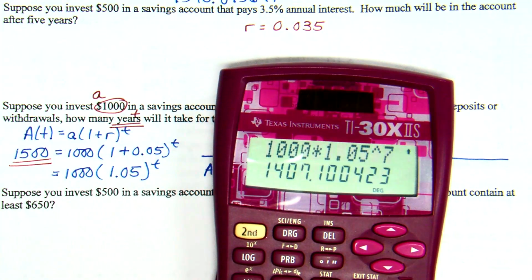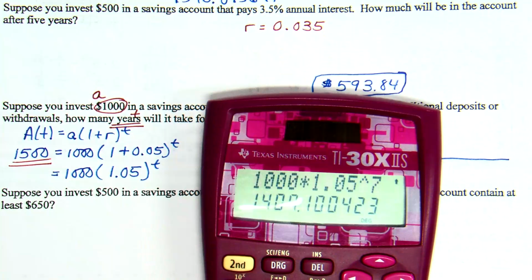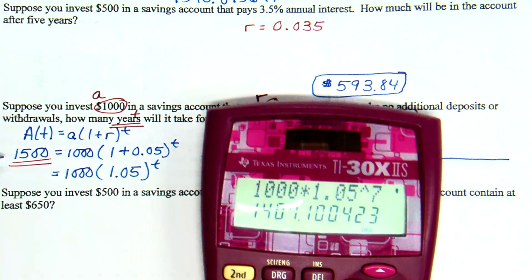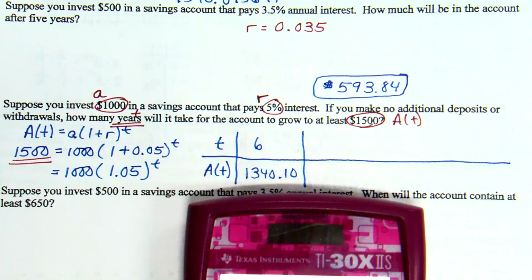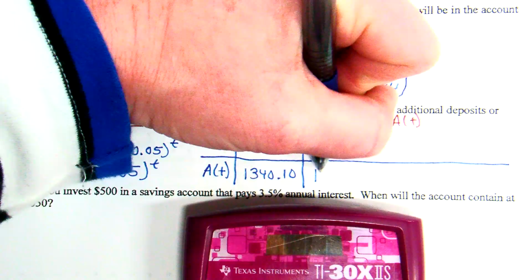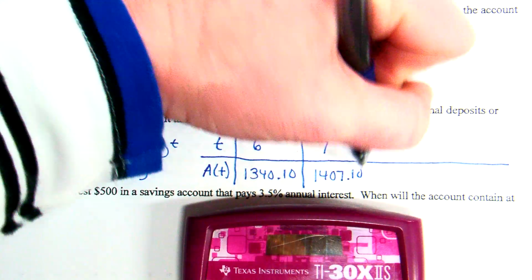So what did I get for 7? 1,407. What am I looking for? We want to know how long it'll take for this account to grow to 1,500. So right now I know at 7 years, I'm at $1,407.10.